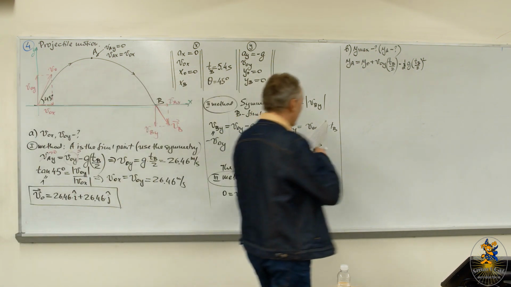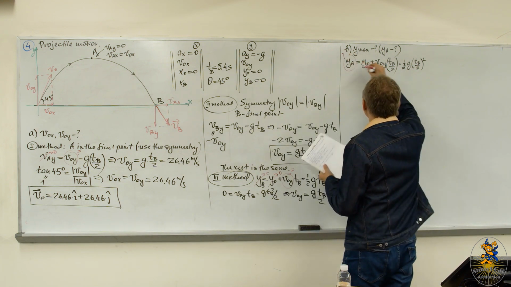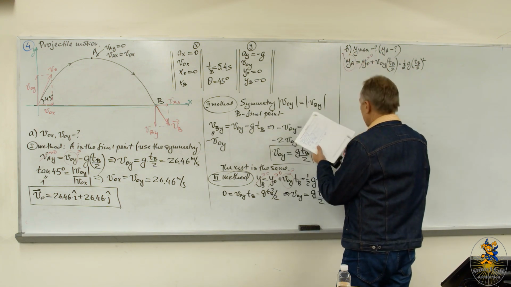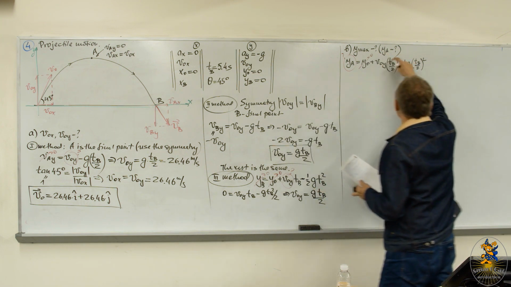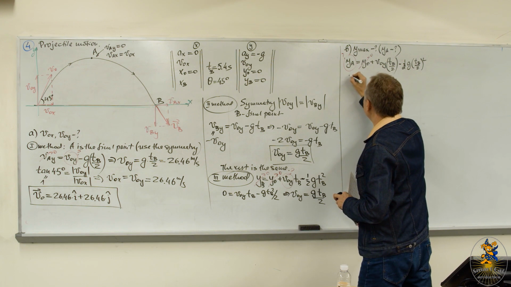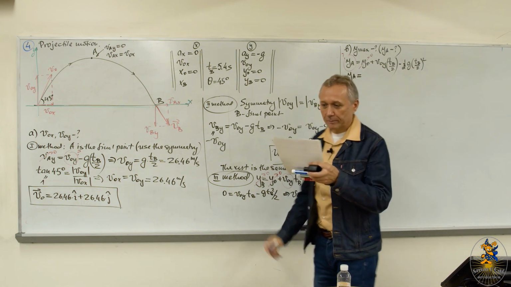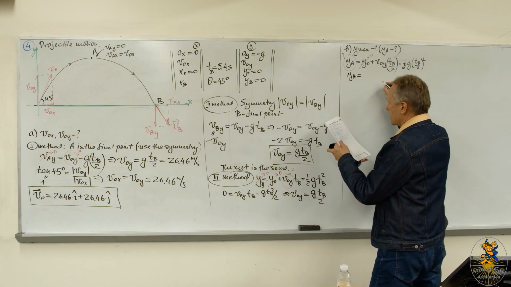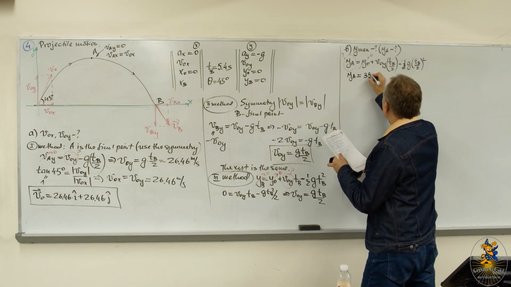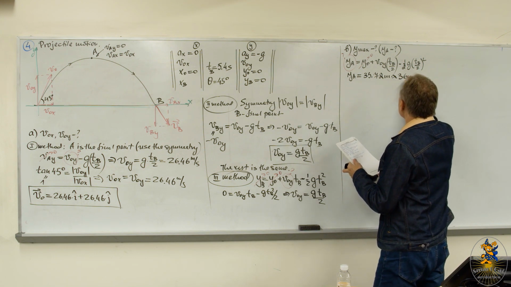Again, this is our unknown, so that's what we need to find. So we just need to plug in numbers. This is 0. We found this, we know this time, we know that time. Everything is given. So let me write the answer. It will be 35.72 meters. Of course, we can round it to 36 meters.